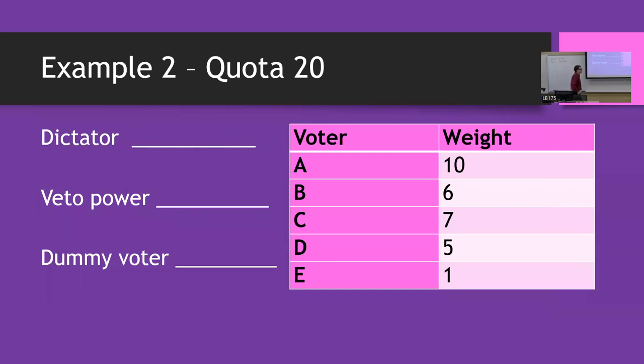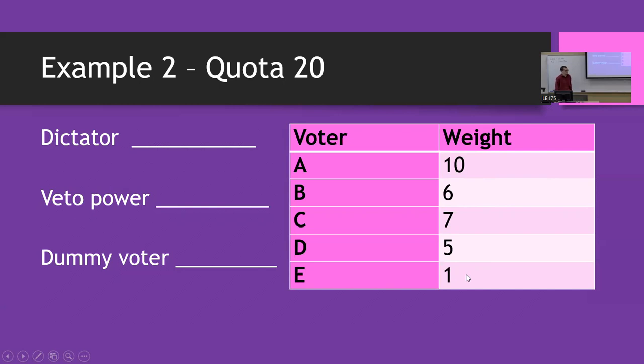But let's take a step back and decide if there's a dictator, if there's an individual with veto power, if there's a dummy voter, with a quota of 20. If I add up all of these weights, the total weight is 29.